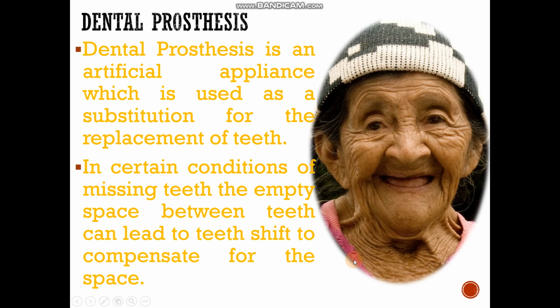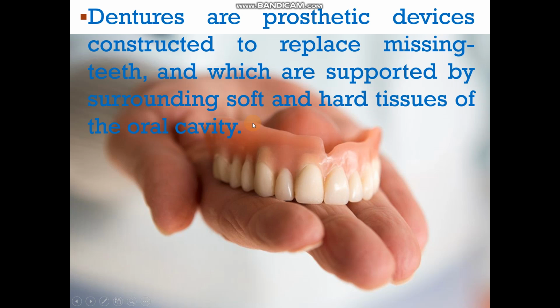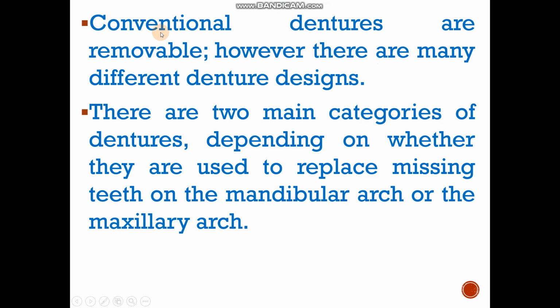So dental prosthesis is one of the common prostheses used by our old age persons. Dentures are prosthetic devices constructed to replace missing teeth and which are supported by surrounding soft and hard tissues of the oral cavity. Conventional dentures are removable. However, there are many different types of dentures.